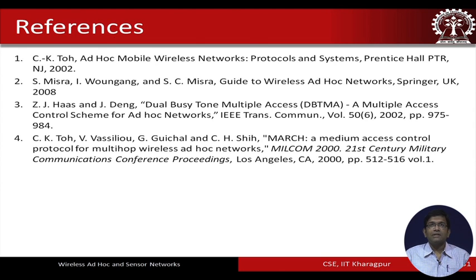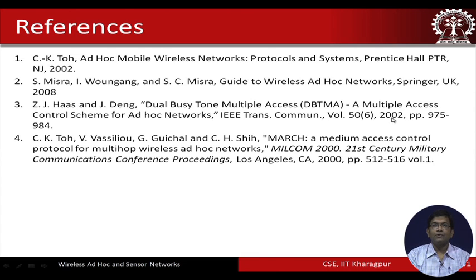These are the references. As we have seen, C.K. Toh's book as well as this guide to ad hoc networks published by Springer are quite widely available, and these books can be consulted for this part of the lecture. Additionally, the DBTMA protocol was published in the IEEE Transactions on Communications in 2002.